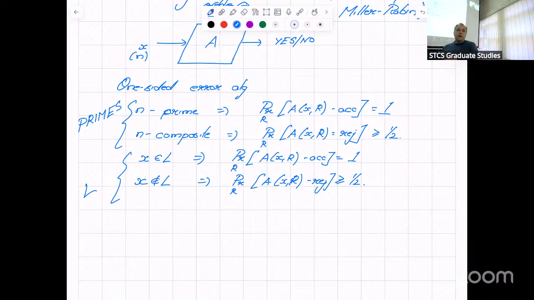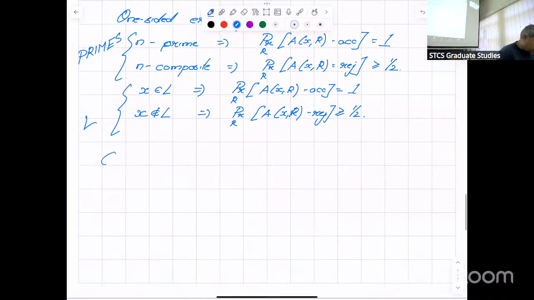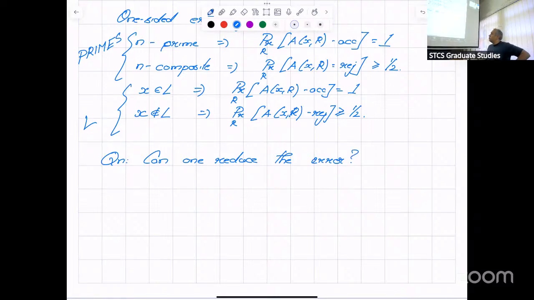The question I want to ask now is, can one reduce the error for a randomized algorithm? One obvious way of reducing the error is just to repeat it 3 times.